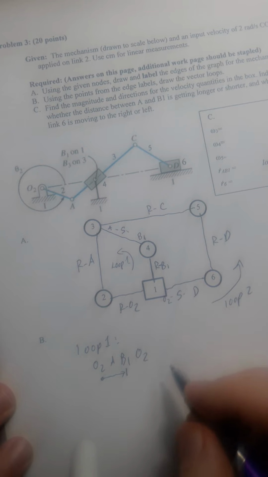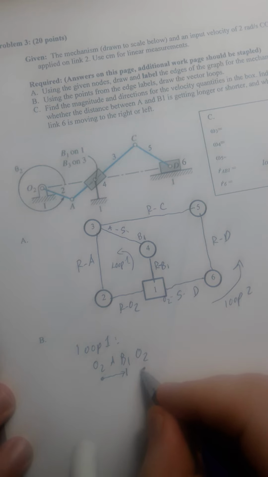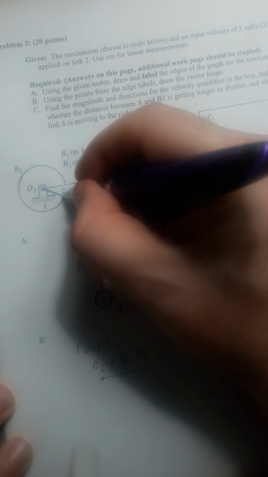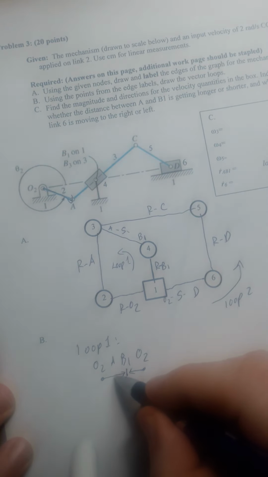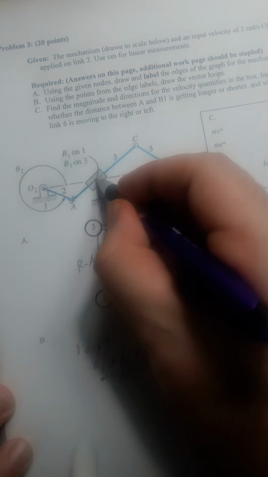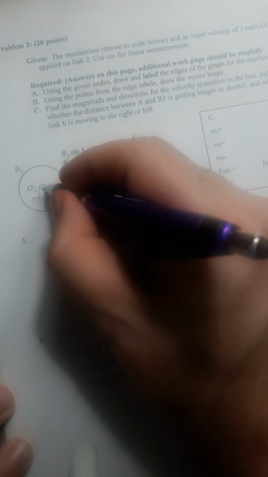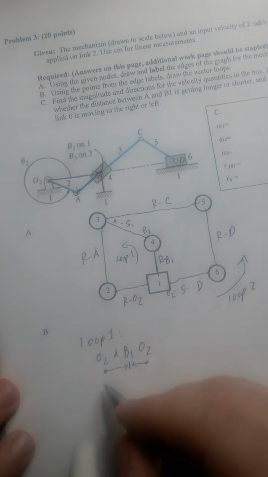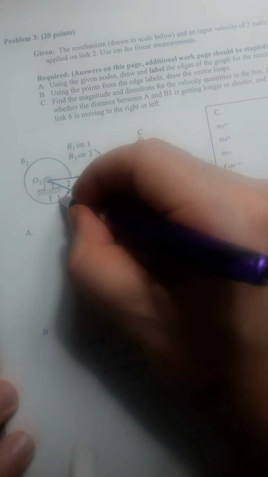So I'll go from O2 to B1 going that way, O2 to B1 going that way, and so that'll give me O2 to A, and then A to B1 as one half of my vector loop, and then the other half is O2 to B1, and so I can give things names.